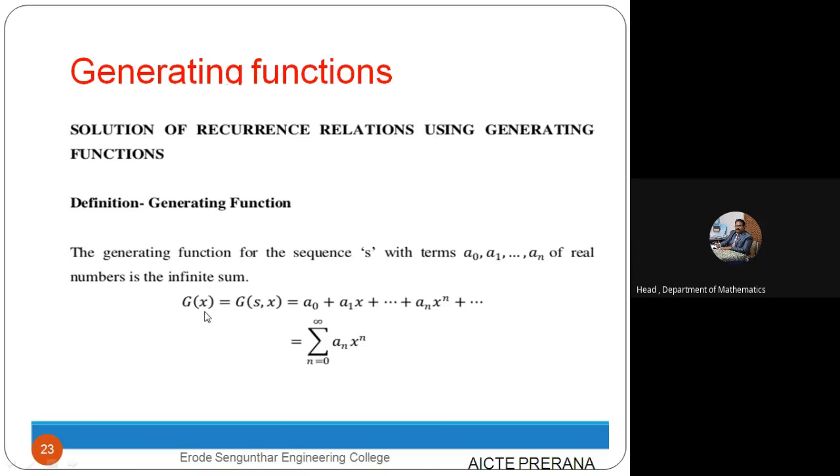We denote the generating function by g of x, equal to g of S comma x, equal to a0 plus a1x plus a2x square plus etc. plus an into x power n. Here all the terms are from the sequence an, that is a0, a1 up to an. We write this expansion in summation form: summation n equal to 0 to infinity an into x power n.